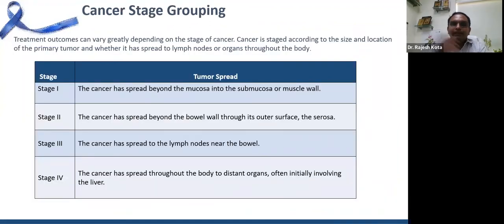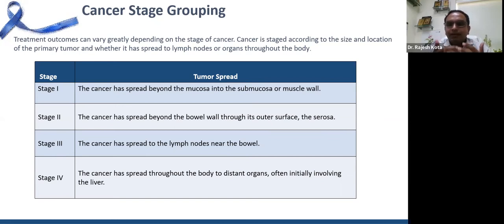So how do we stage these colon or rectal cancers? For you to understand, the simple way of looking at things is there are curable stages and there are incurable stages. Any cancer that is present in the point of origin or within surrounding tissues of the point of origin, we call curable stages.